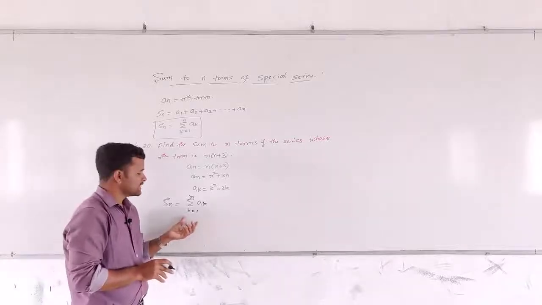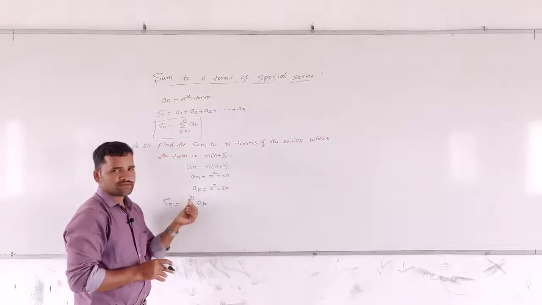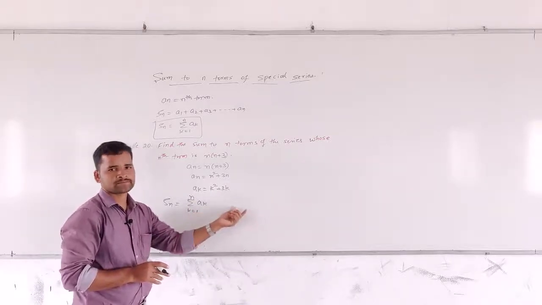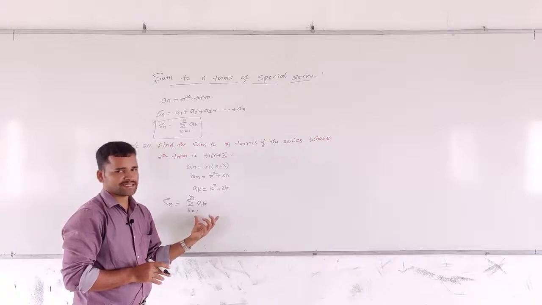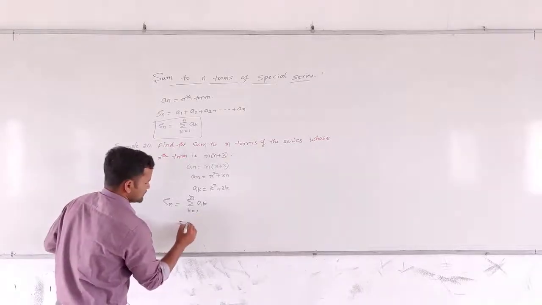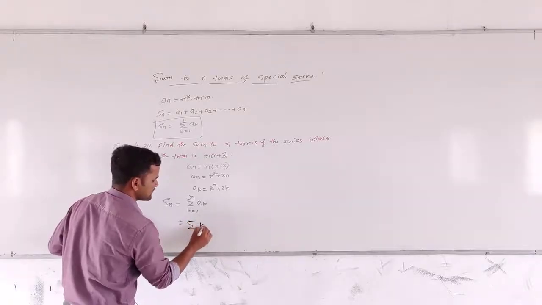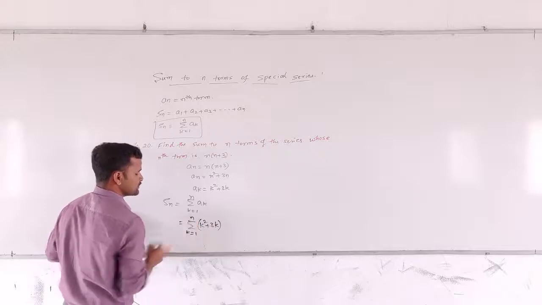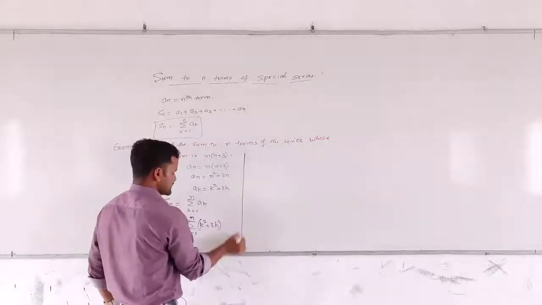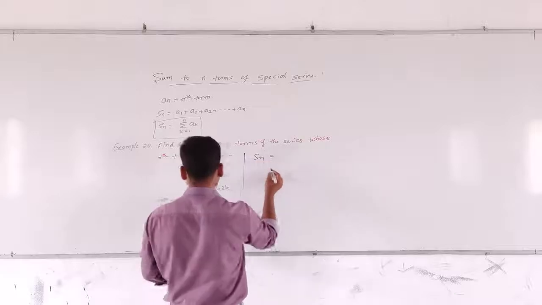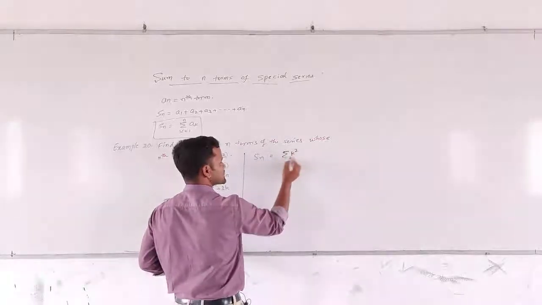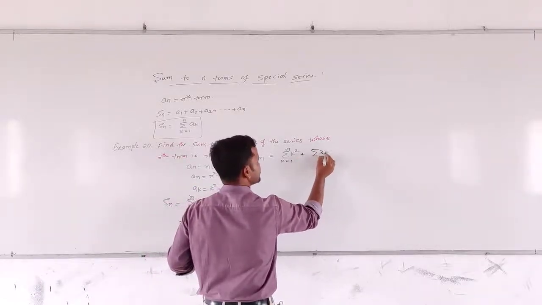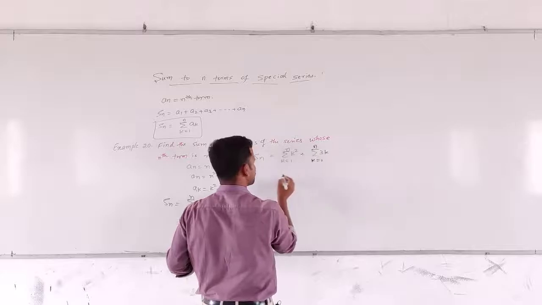What does it mean? If you take k equal to 1 to n values, it becomes a1 plus a2 plus a3 and so on up to an. That is nothing but the sum of the first n terms. This is summation of k square plus 3k, where k varies from 1 to n. This can be written as Sn is equal to summation of k square, where k varies from 1 to n, plus summation of 3 into k, where k varies from 1 to n.